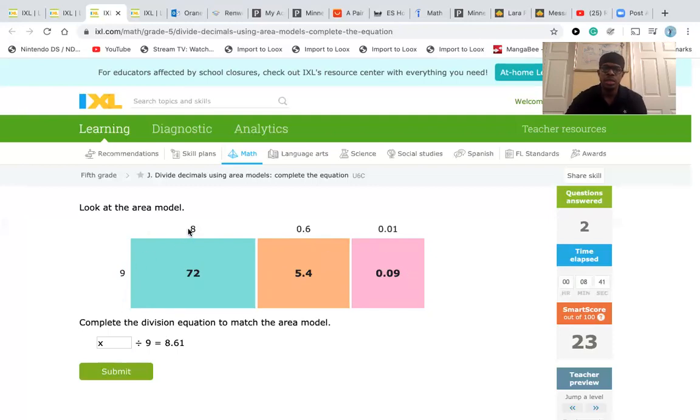So if we multiply 9 times 8.61, we're going to get 72 plus 5.4, which is going to give you 77.49, I believe.